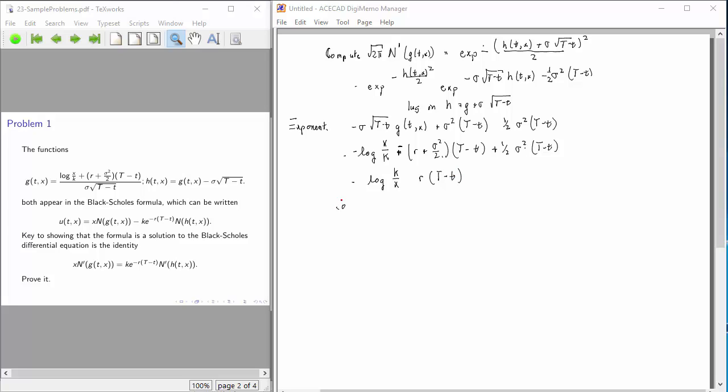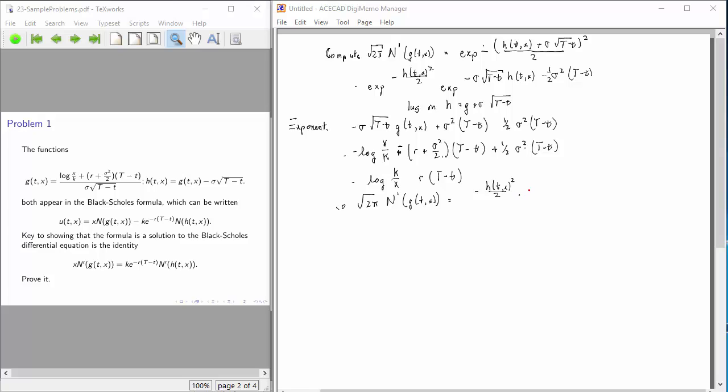So, what have we concluded? The square root of 2 pi times N prime of g is equal to the product of two terms, e to the minus h squared over 2, and then what's left beyond that is the exponential of this exponent that I just calculated.